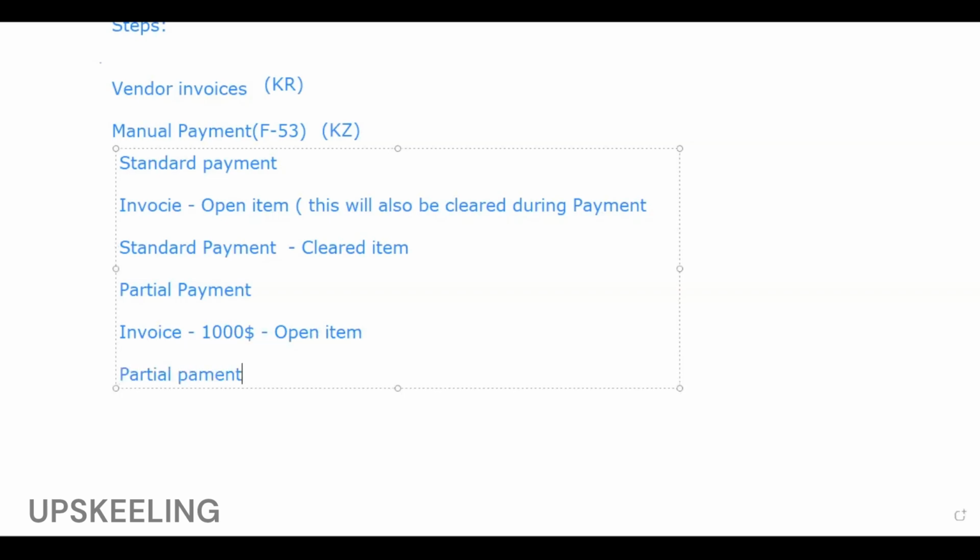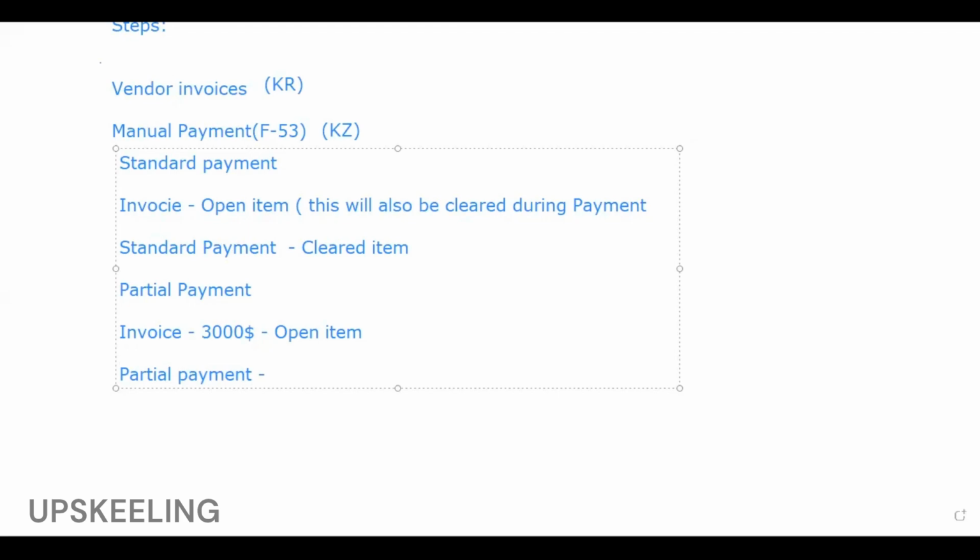To avoid confusion with 2000, I'll pick the 3000 invoice for payment and make the partial payment.